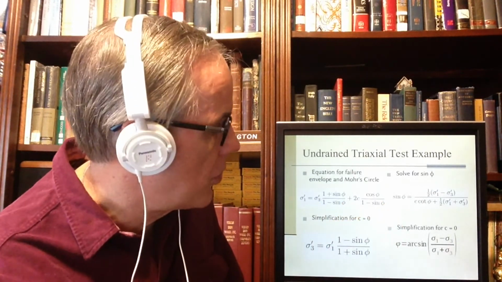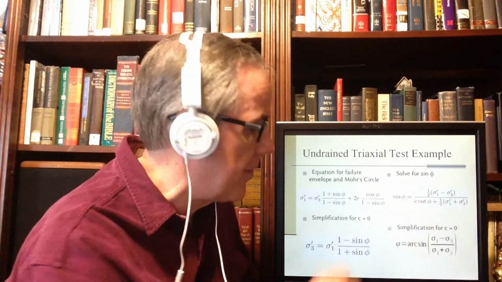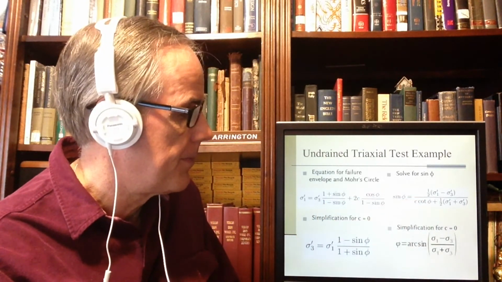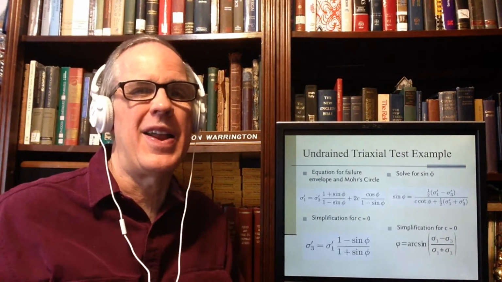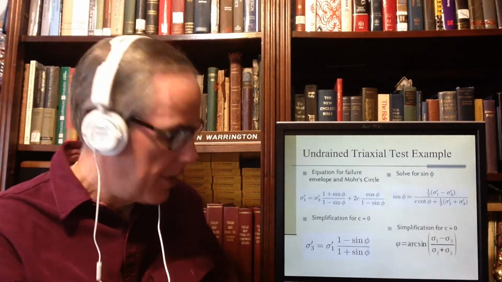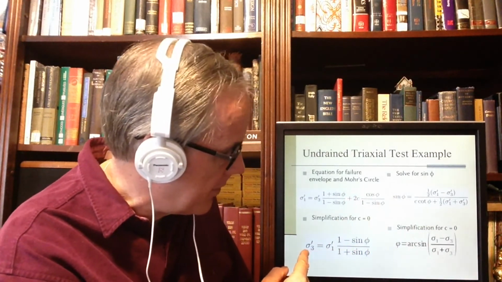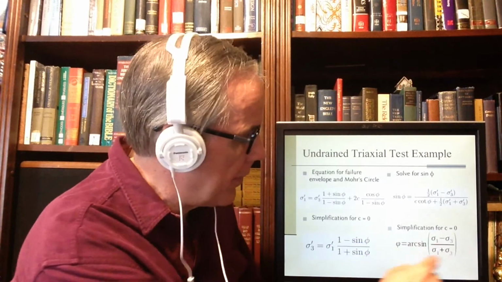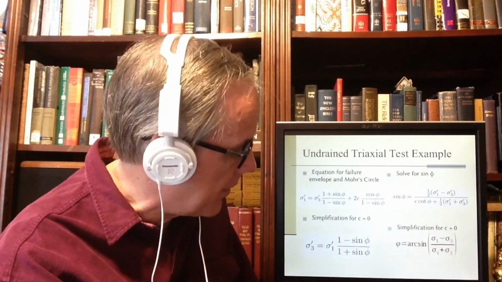If I were to solve for the sine of phi from this, I would get this. However, since I know it's a purely cohesionless soil, I can get rid of this term because C is equal to 0, and I get this. If I take this and solve for that, I will get this. And you will see these equations again in a place you're not expecting them.